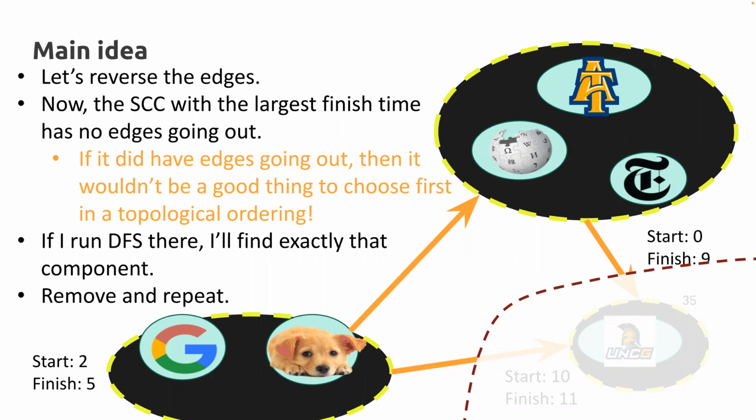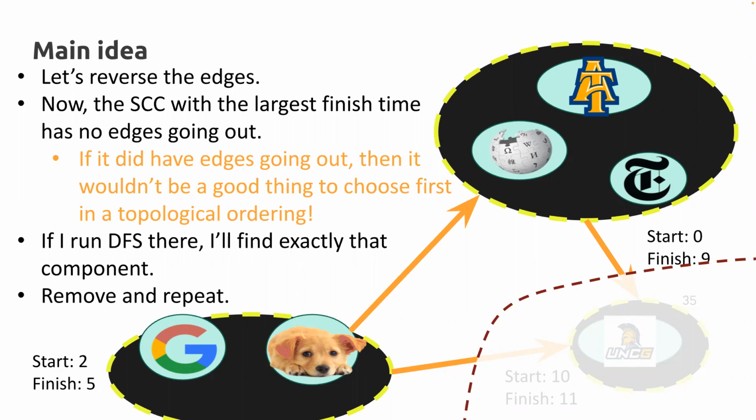I will start somewhere in this component, and because they're strongly connected, I will visit all of the nodes here, because there's a way to get to them. However, I will never go to this component, because every edge from components I have not visited is pointing inwards to me. So I can't get out that way. And I won't go to components before me because I already visited them. I'll check, did I already visit? I did, so I won't go there.